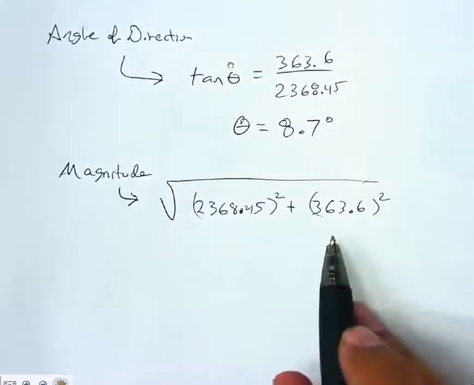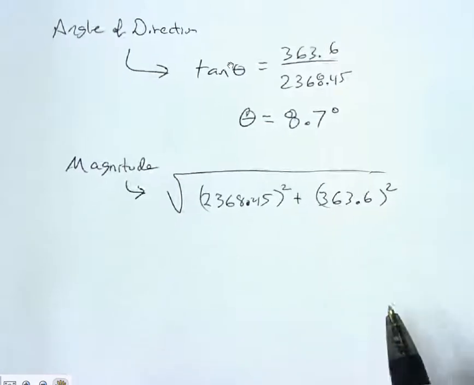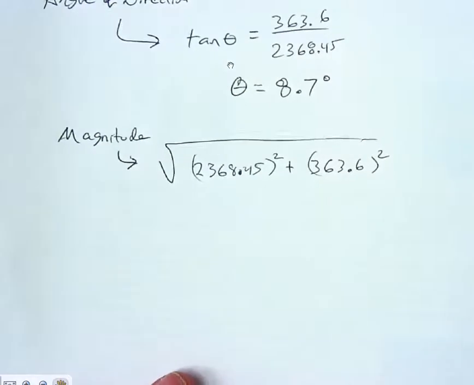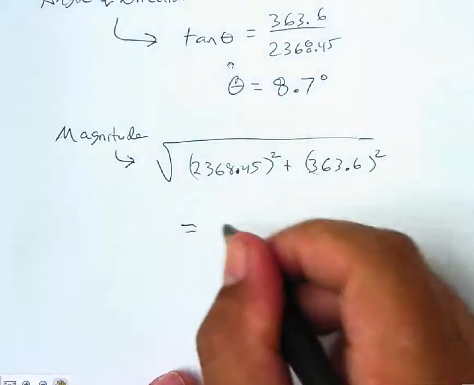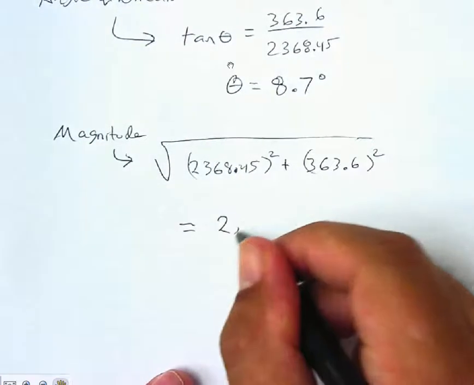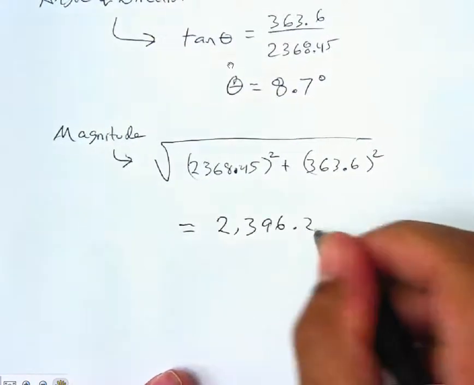We're going to combine both squares and then take the square root of it, and so we get the calculator, and we get that it's approximately equal to 2,396.2 newtons.